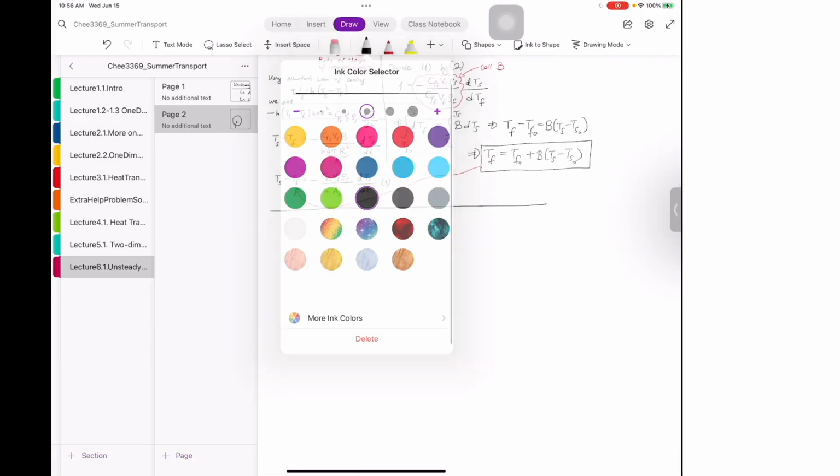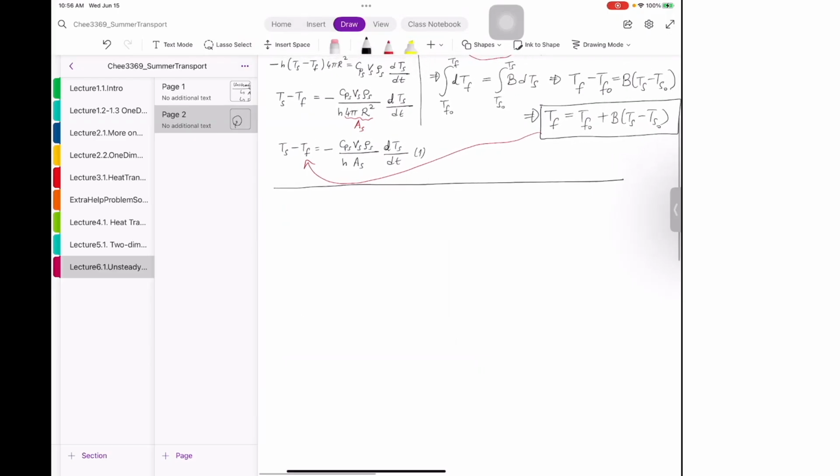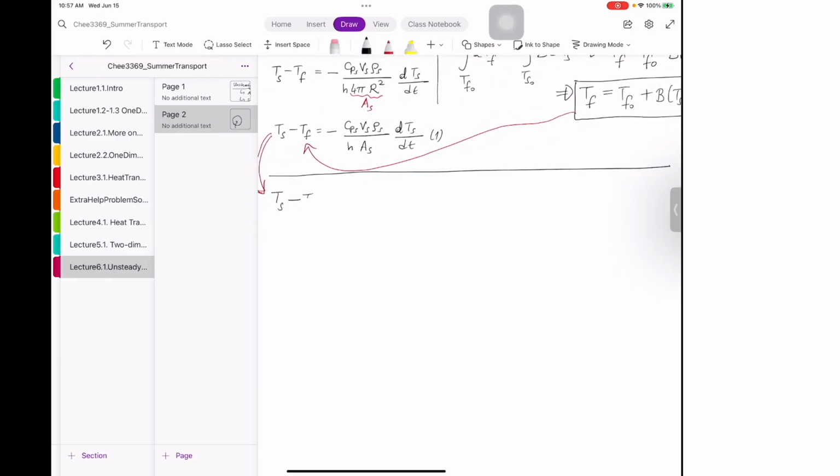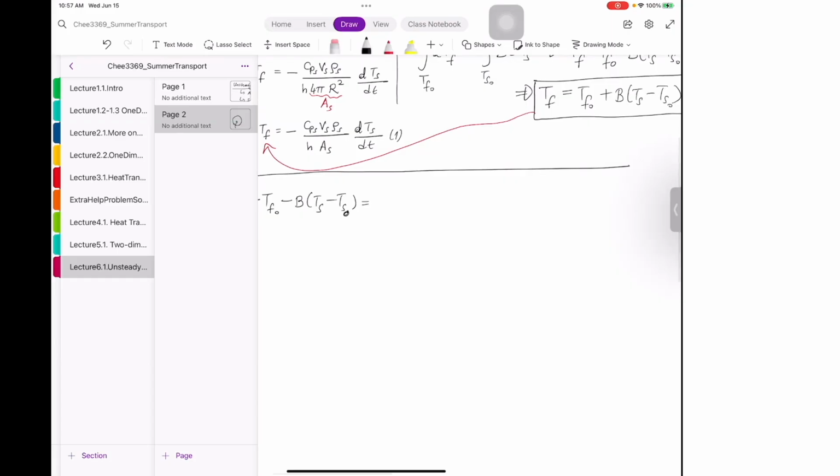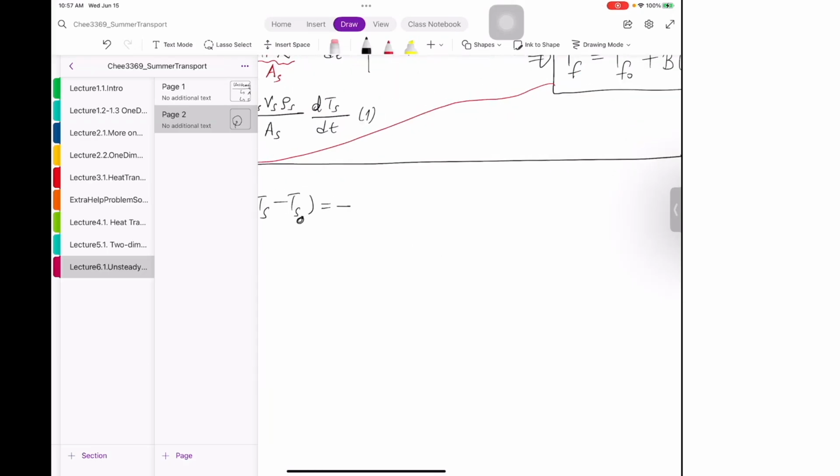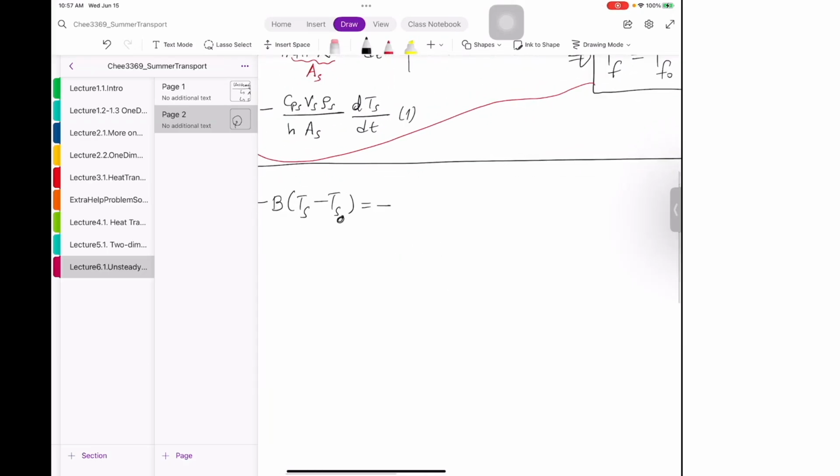What we get is the following: Ts minus Tf0 minus B times Ts minus Ts0 is equal to minus Cps Vs rho s over hAs times dTs over dt, right? Equation number 1 came into this form.